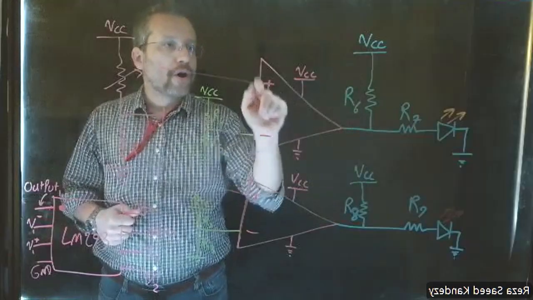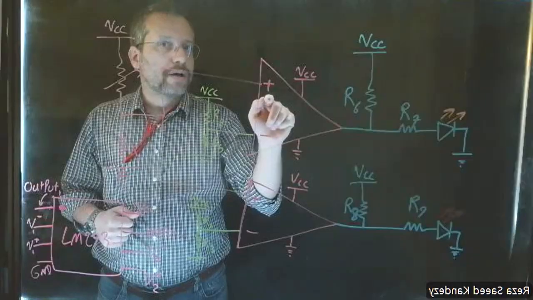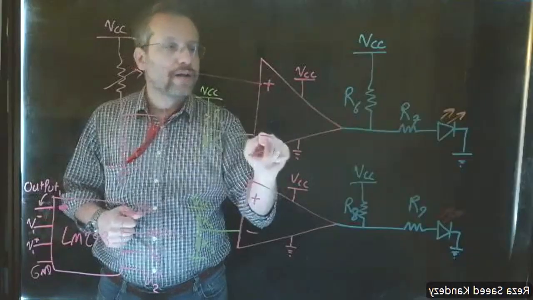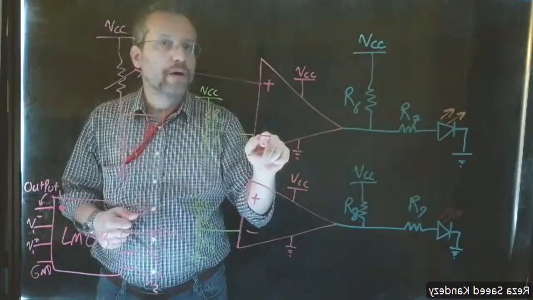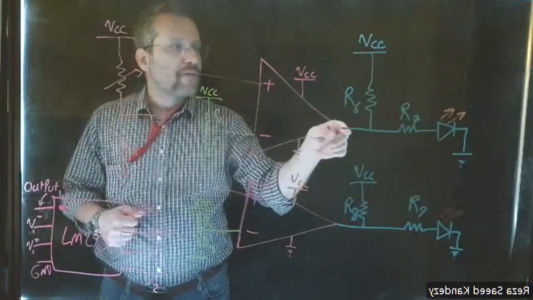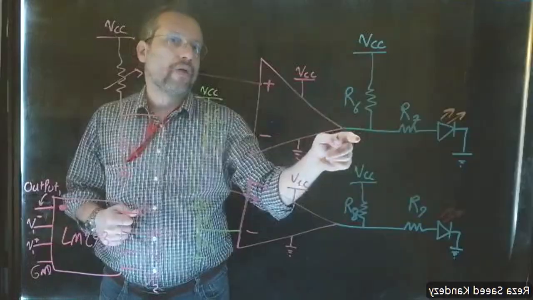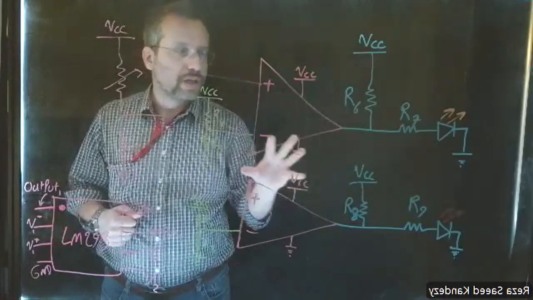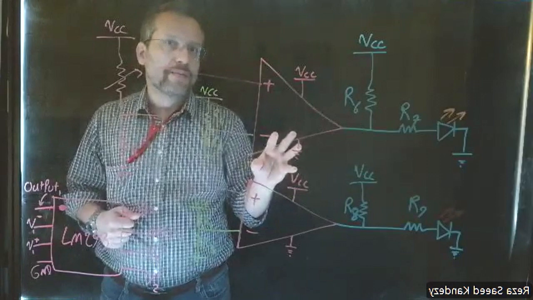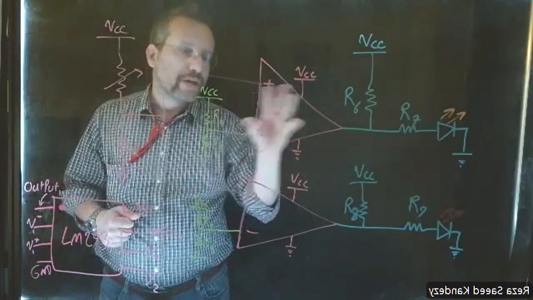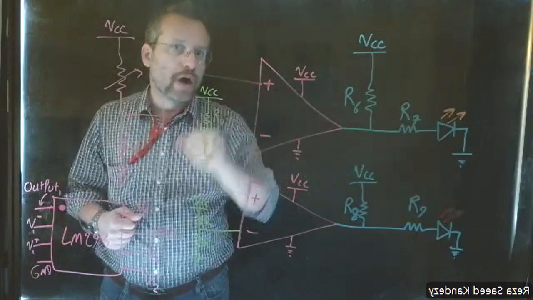And if our non-inverting voltage is lower than our reference inverting terminal, then we would have a low value in our output. So this is basically the concept of a comparator circuit using an op-amp.